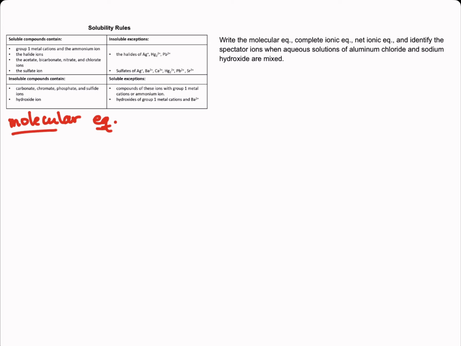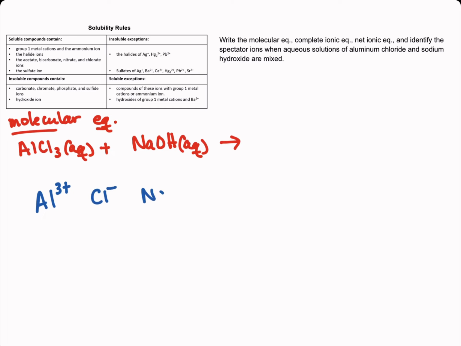So it says aluminum chloride, aqueous, plus sodium hydroxide, aqueous. I want to break up my reactants into cations and anions, and I want to regroup these.